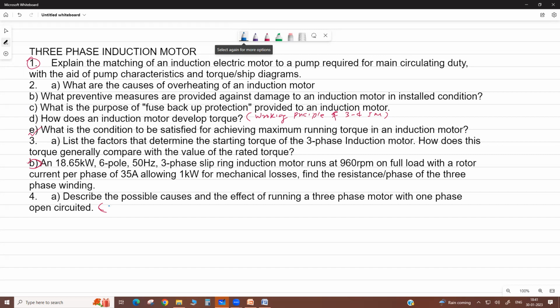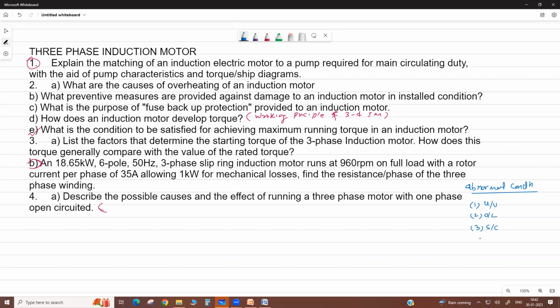It is an abnormal condition, like under voltage, overload. What are the abnormal conditions for a motor or any electrical equipment? First is under voltage, overload, short circuit.